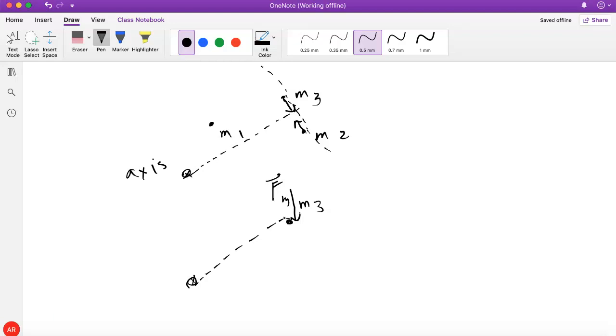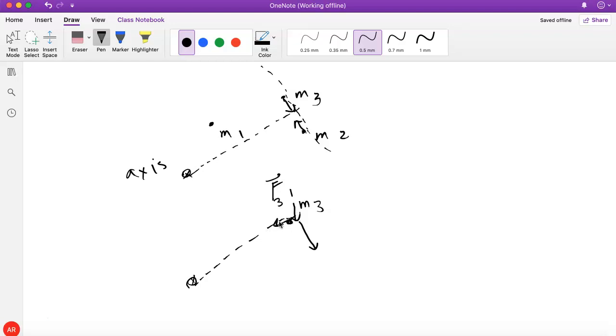Now, that force has a component in the direction of the arm and a component perpendicular to it, right? So if I decompose my external force acting on one of these masses along the arm of rotation connecting the mass to the axis and the perpendicular direction, I get these two.